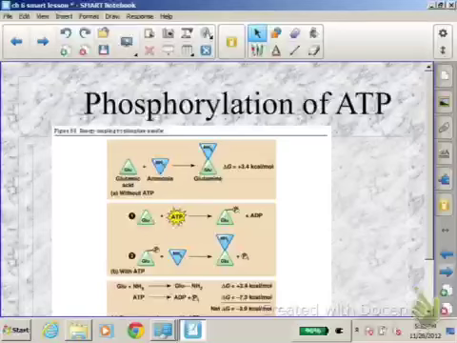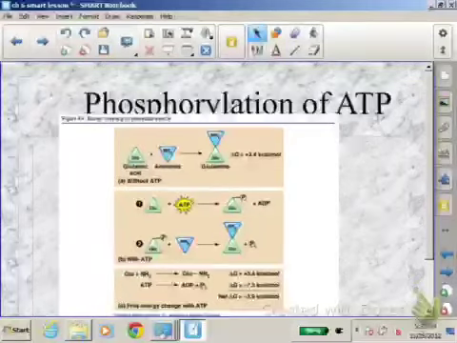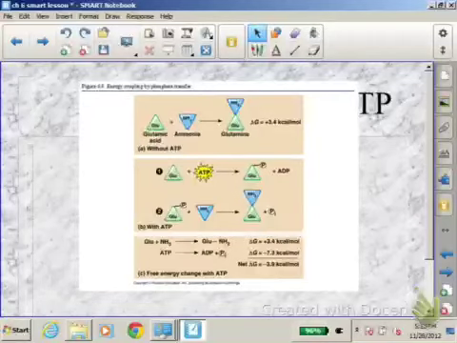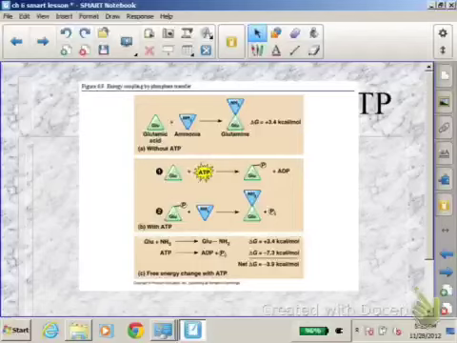This is just another diagram showing you what phosphorylation is. And it actually shows you how much energy is being created. Take a moment to look at that diagram and kind of figure out what's going on. It says, let's look at this A. It says glutamic acid paired with an ammonia, and that adds 3.4 kilocalories per molecule of energy.